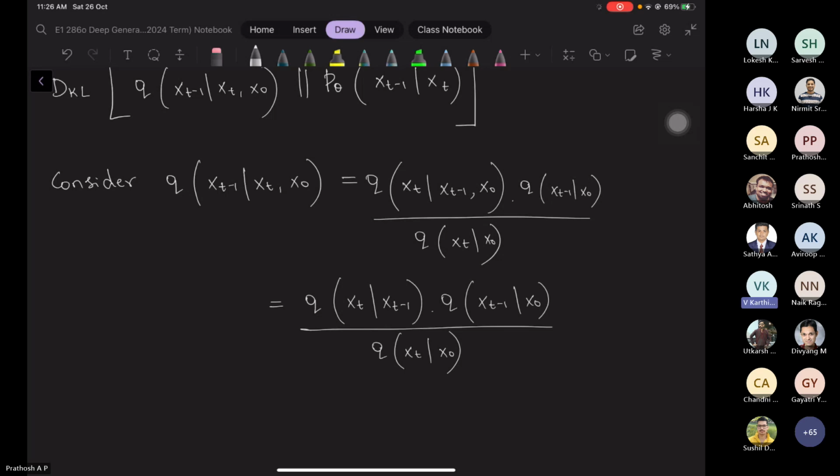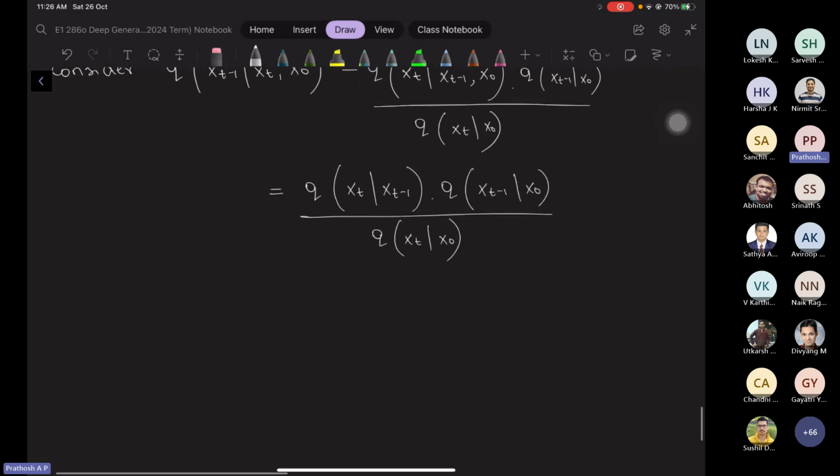Because of Markov process, right, sir? Yeah, it's because of the Markov process. Xt given xt minus 1 and x naught is simply q of xt given xt minus 1. Should be all right. Yeah.